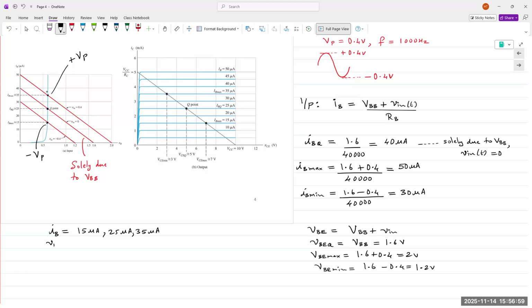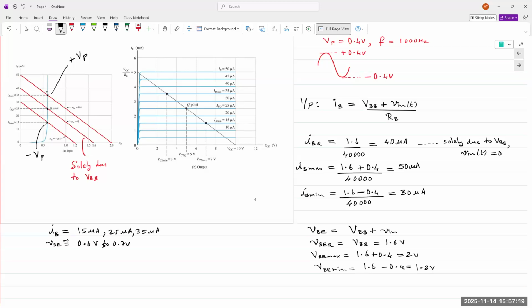And then VBE is not actually important. It's 0.6 volts to 0.7 volts. Okay, so we have the coordinates of the input current. IB is 15, 25, and 35.